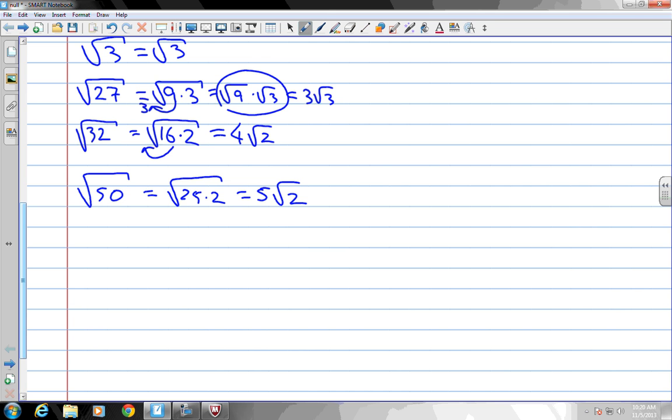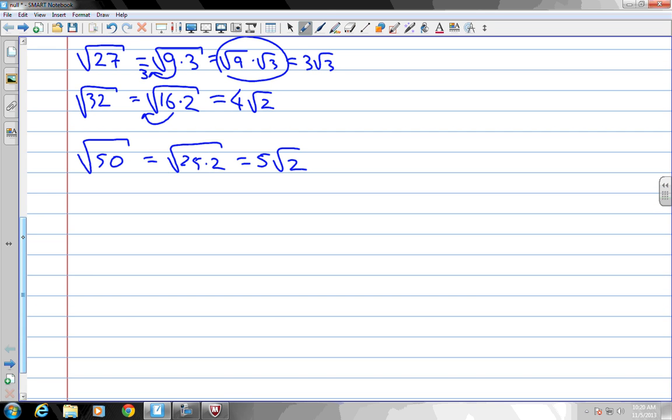So what I can actually do with this, if I ask you a question like, for example, square root of 32 plus square root of 50. These two square roots look very different, so I'm going to have problems adding these two radicals because they're very different. But if you perform this simplification first, square root of 32 becomes 4 square roots of 2, while square root of 50 becomes 5 square roots of 2.